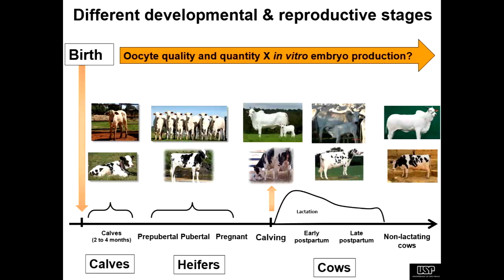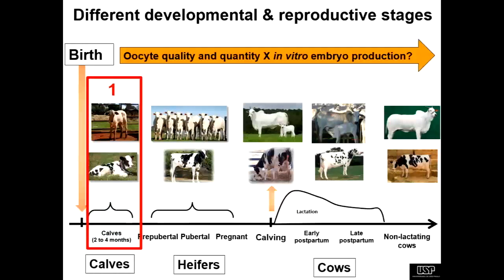At the end, I will show the effect of anti-Müllerian hormone on oocyte quality, number, in vitro embryo production, fertility, and results after embryo transfer and AI according to anti-Müllerian hormone. So this is the presentation.